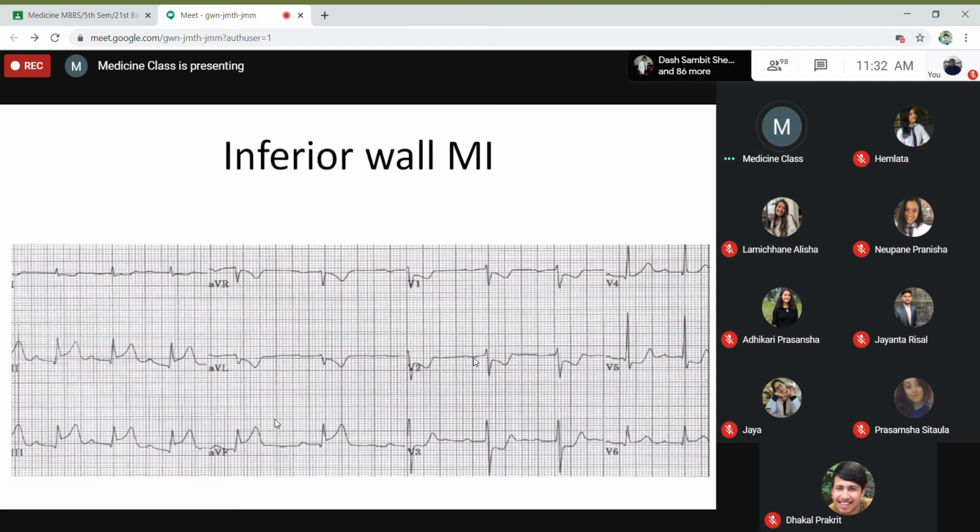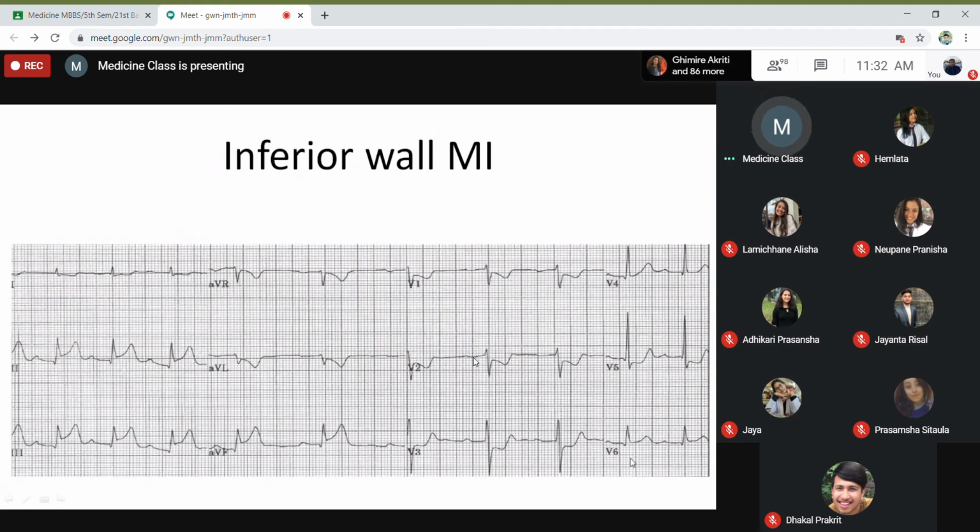So, a few examples of myocardial infarction. In inferior wall myocardial infarction, you will have changes like ST segment elevation, Q wave, tall T wave in lead 2, lead 3, and AVF, because these are the inferior leads.